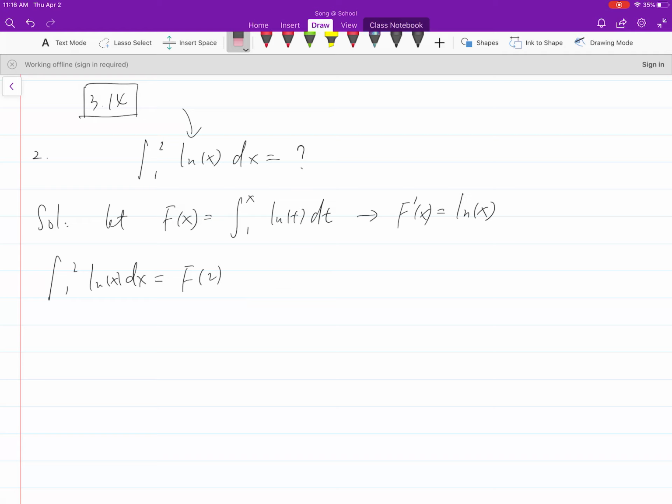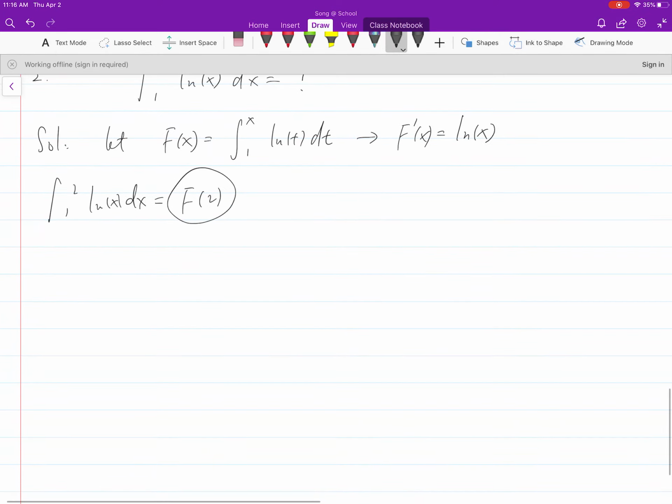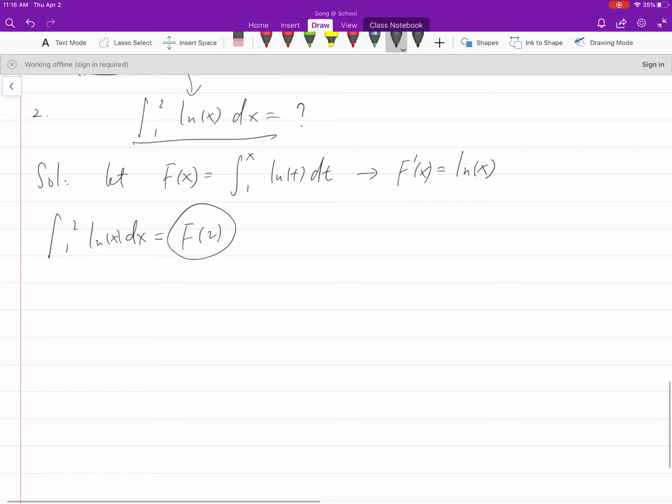Actually, it's just f(2). All right. So now our job is to try to find what f(2) is. That will be the integral of this. Now what is f(2)?